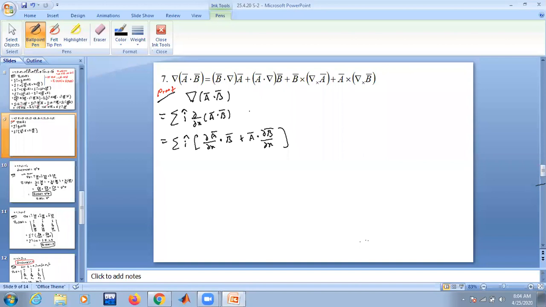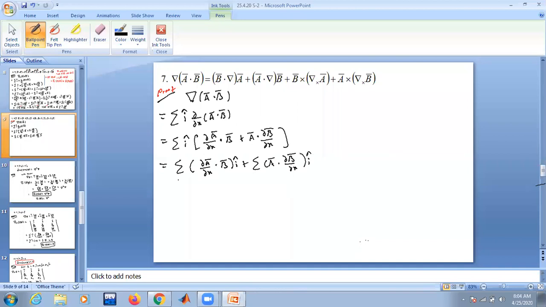Okay. Now separate these terms. Sigma dou A bar by dou x dot B bar into I bar plus sigma A bar dot dou B bar by dou x into I bar.